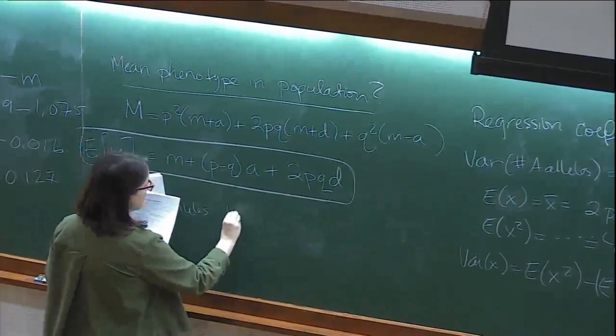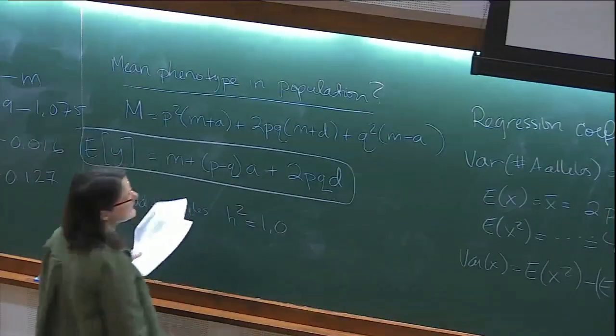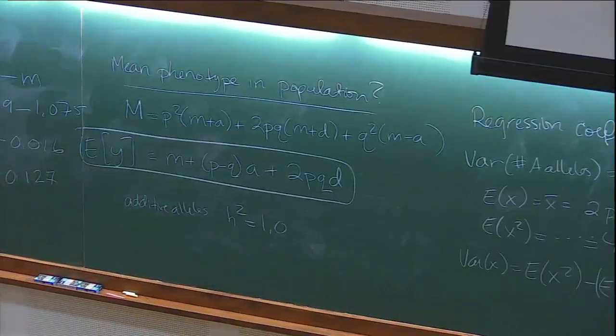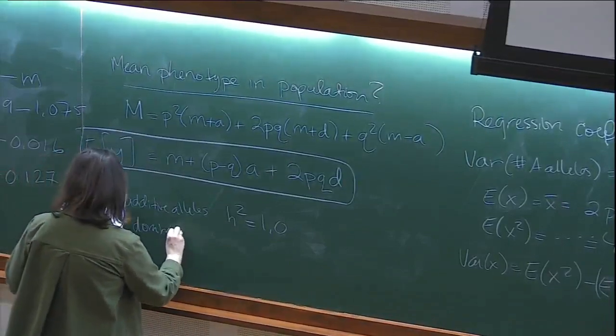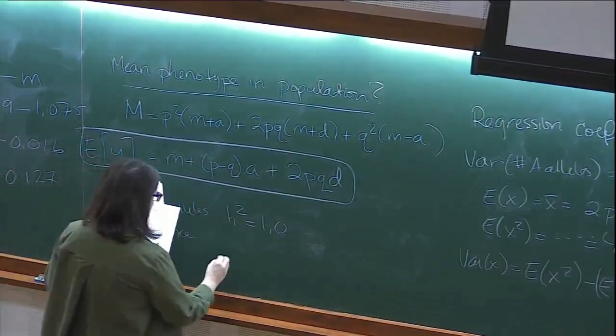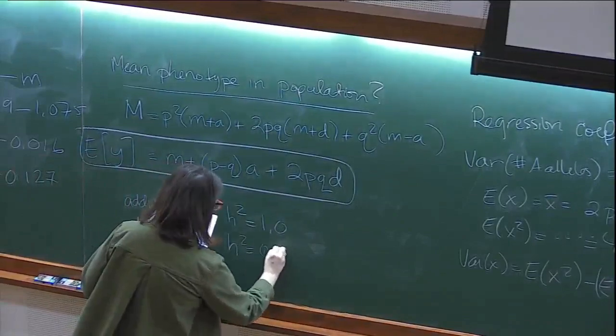So with additive alleles, for this example, completely additive, and the trait is completely determined by these 2 loci. So in this case, it's kind of the ridiculous toy example, heritability is 1, right? It's complete. Just adding dominance, in this case, drops heritability to 0.81.